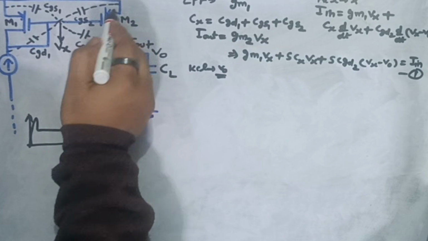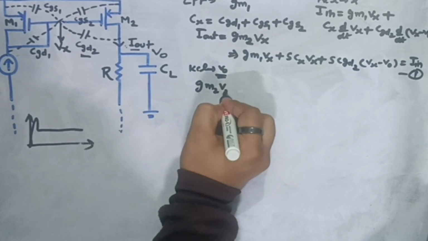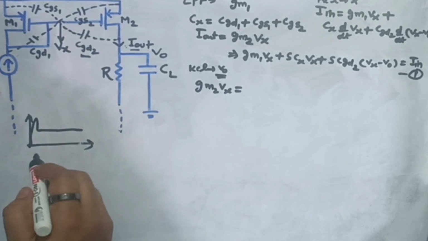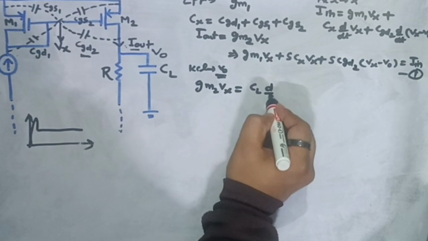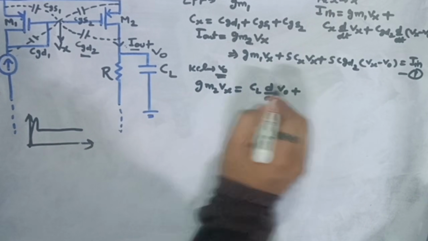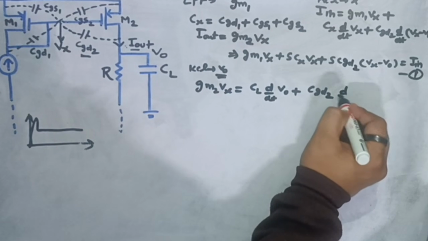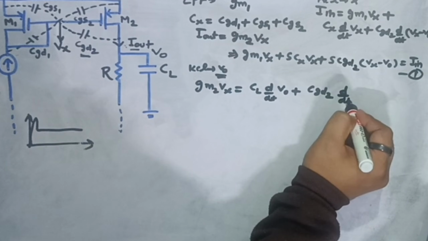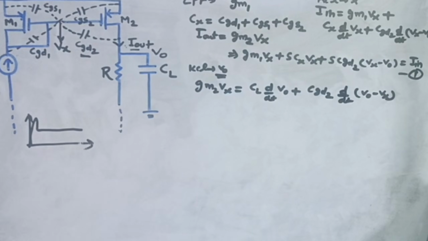So ultimately the current through this MOS M2, which is gm2 into Vx, should be equal to the current going in this load, which will be equal to CL into d by dt of V naught, plus the other current, which would be CGD2 into d by dt of (V naught minus Vx).